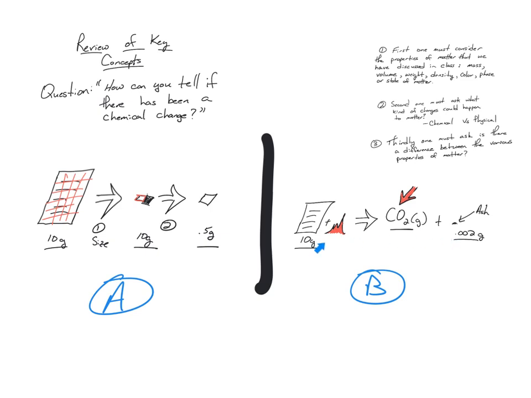Some kind of change happened here that did not happen here. Something changed at the very root of this paper that did not change in this example. And that change was a chemical change. This was a chemical change. And that chemical change is based on the rearrangement of atoms, of elements.